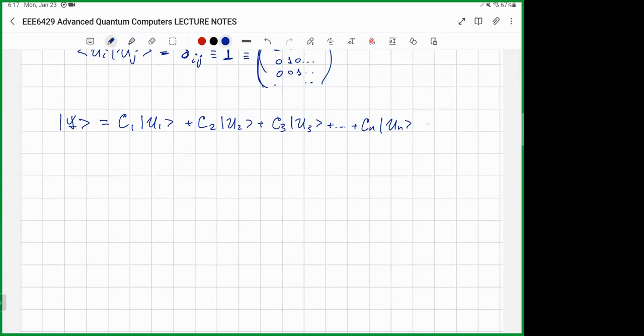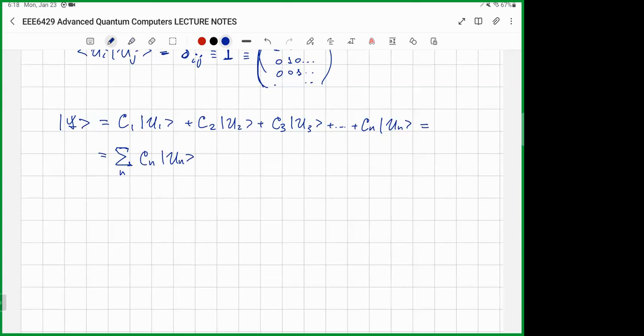Very good. So now I can rewrite this in a short format using this summation sign, right? The sum over n of cn vector un, right?